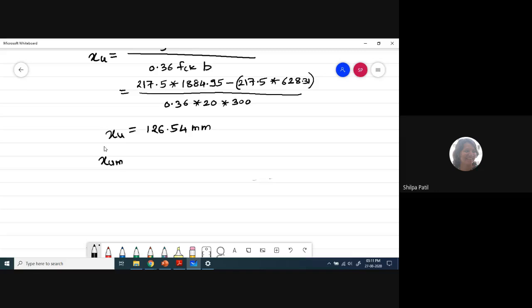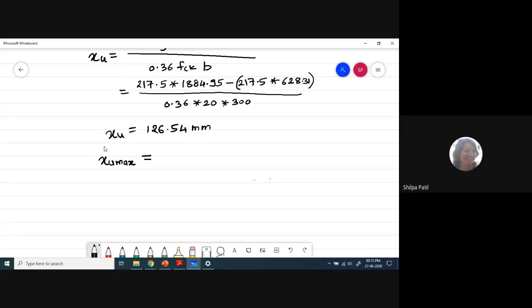XU max is equal to, tell me the value. Last time I have shown you that in the code the XU max values are given.